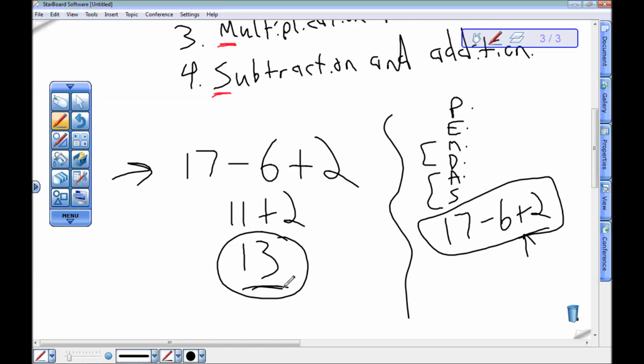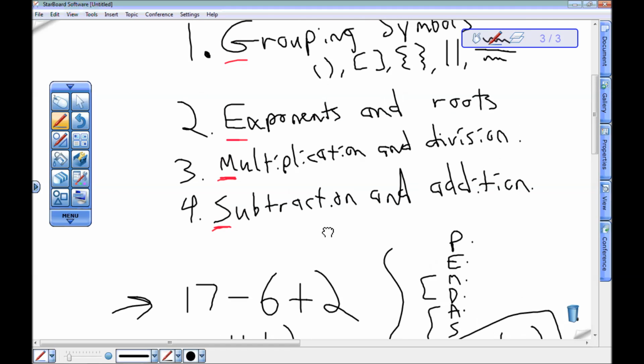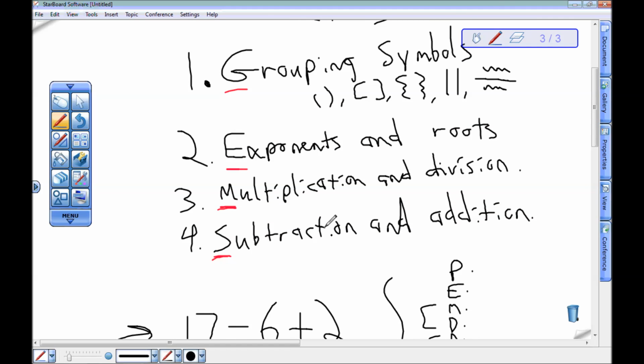So I like GEMS because everything that goes together is just in one place. Do I have to remember that multiplication and division go together? Yes. But hopefully I do, because if I don't have that feeling of like, well, what do all these operations do?